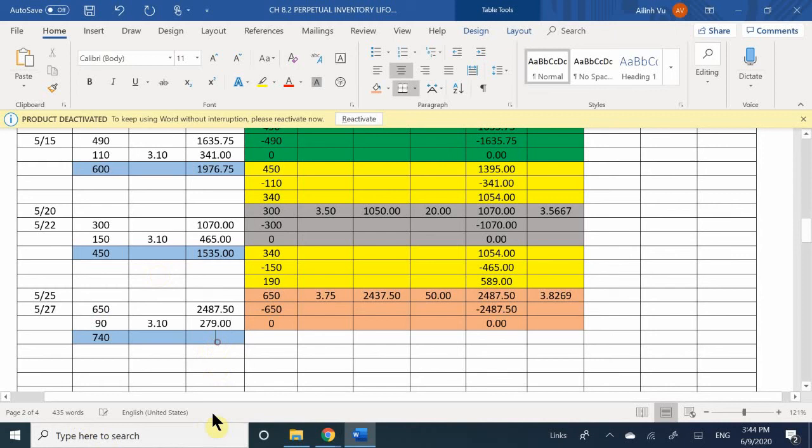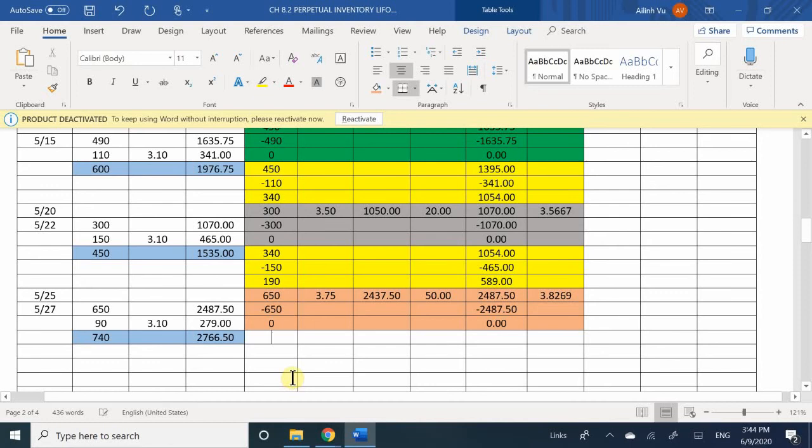Let's add these up together. I got $2,766.50. That is correct.